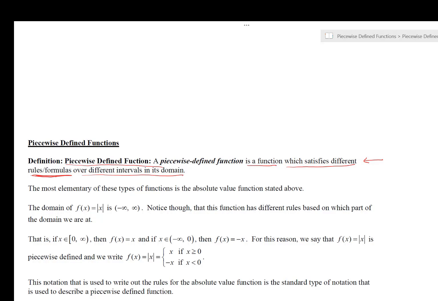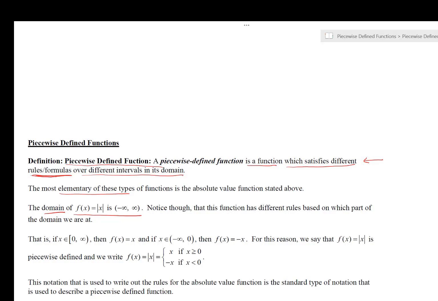So it behaves differently depending on which input you're talking about. We just saw the most elementary of these types, and that is the absolute value function. Now, it's always defined. No matter which x value we plug in, we can find the absolute value of that. Hence, the domain is all real numbers, from negative infinity to infinity.